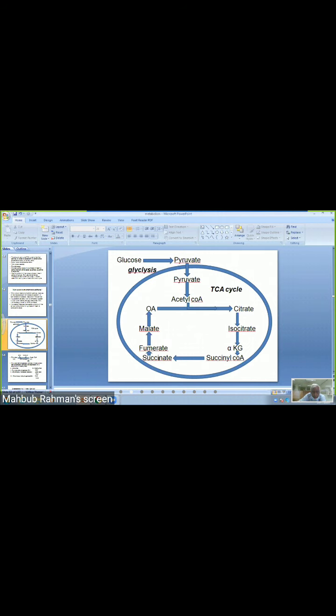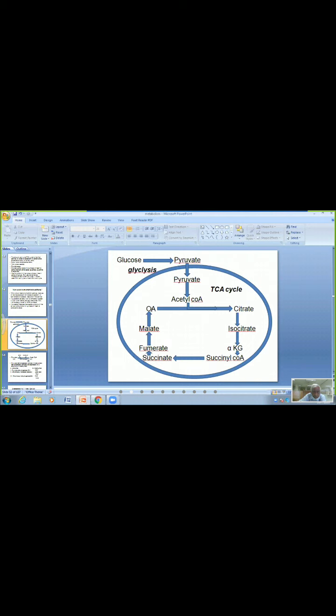Then, succinate is produced from succinyl-CoA, and the next step is fumarate. Fumarate is converted to malate. Malate is ultimately converted to oxaloacetate. Is it clear?